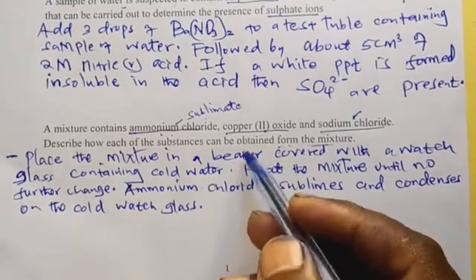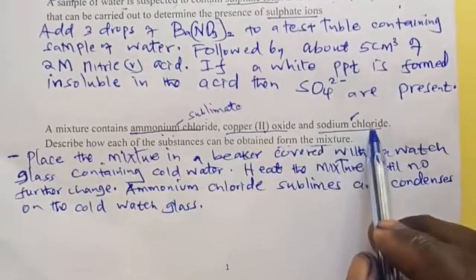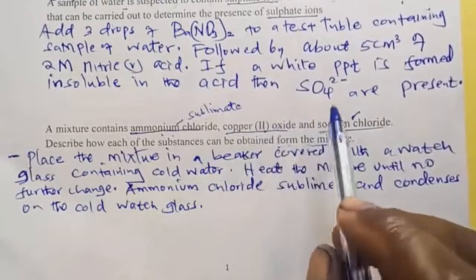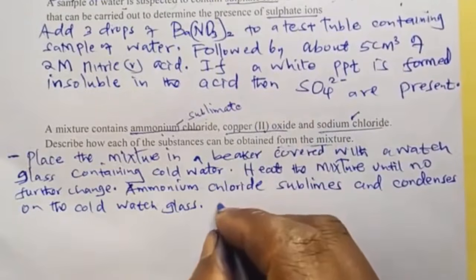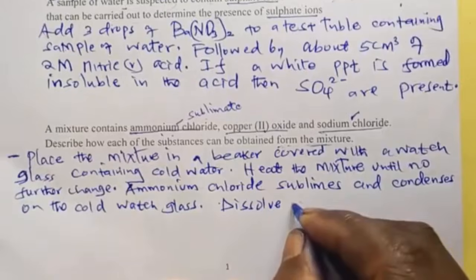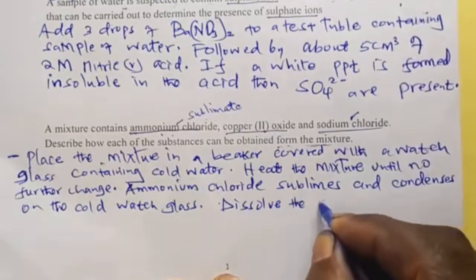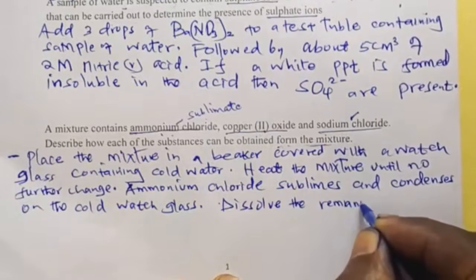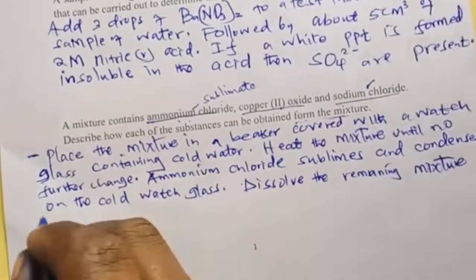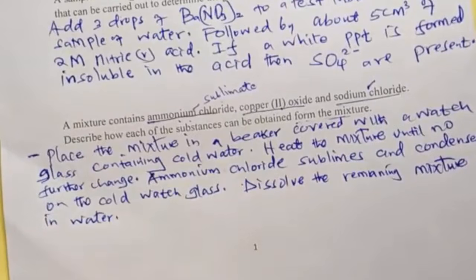The next, now we are left with copper 2 oxide and sodium chloride, but we know sodium chloride is soluble, copper 2 oxide is insoluble. Therefore, we dissolve the remaining mixture in water.